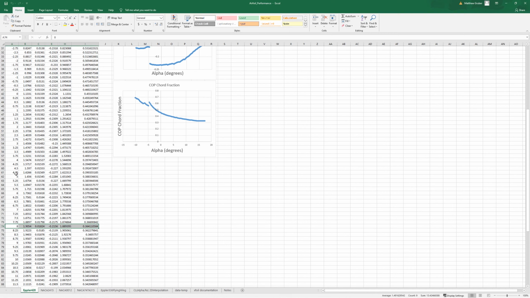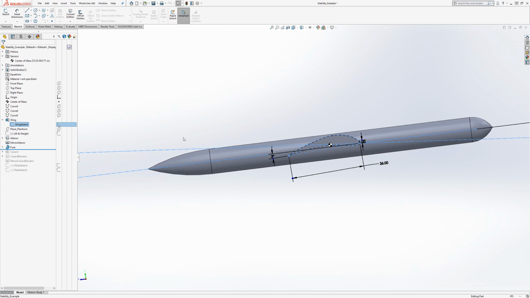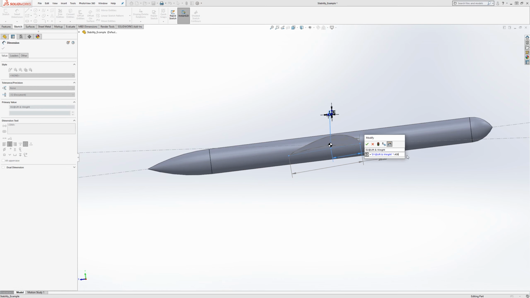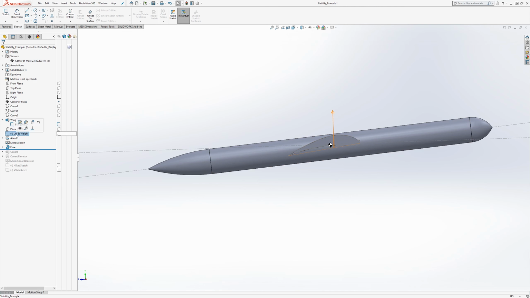So it was at 40.8. Now it's moved to 36.4. So it's slowly moving towards the leading edge of the wing. So 36.4, if we go in here, change this to 0.364, and take a look at it again.